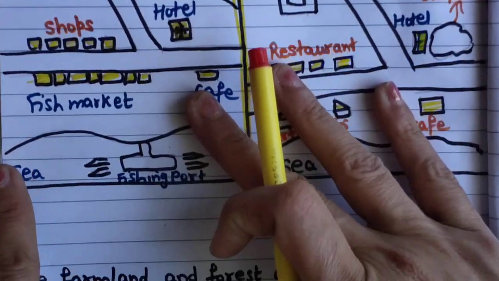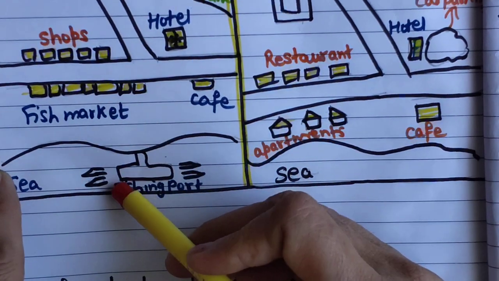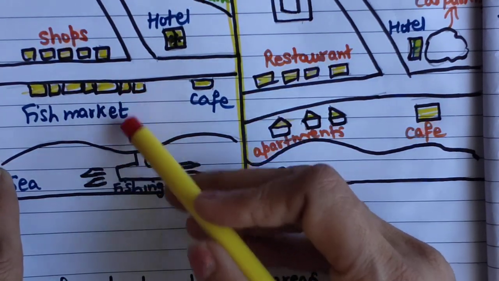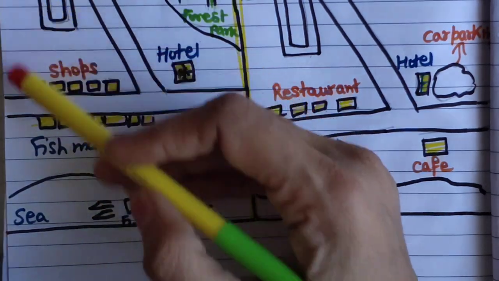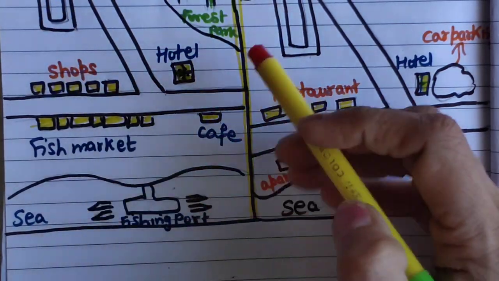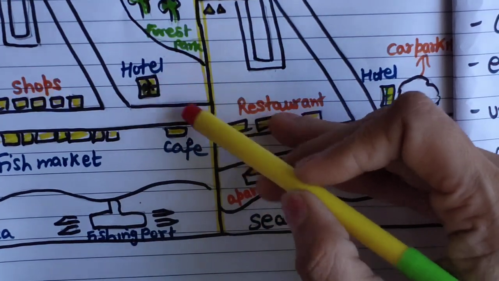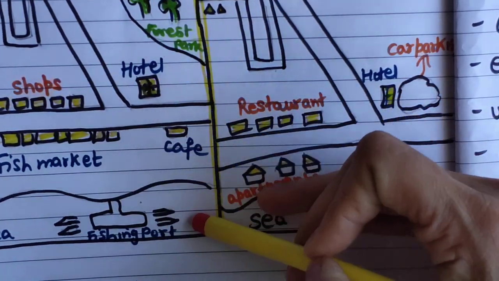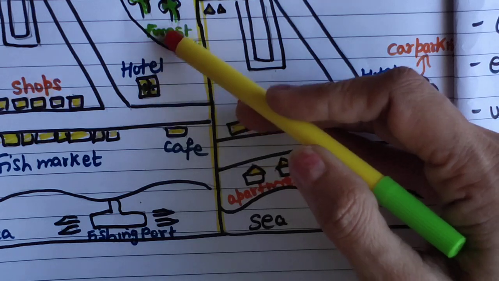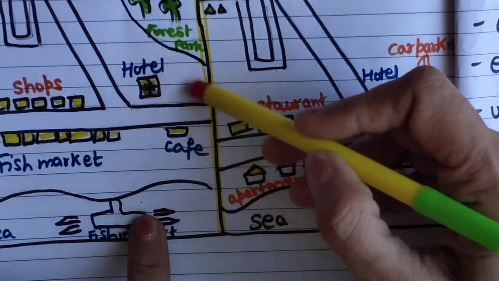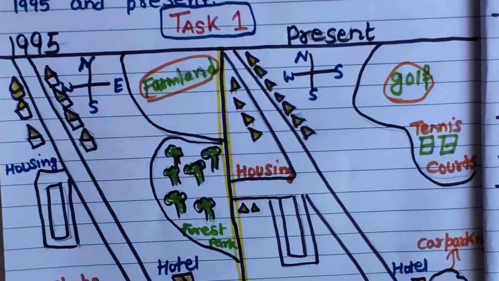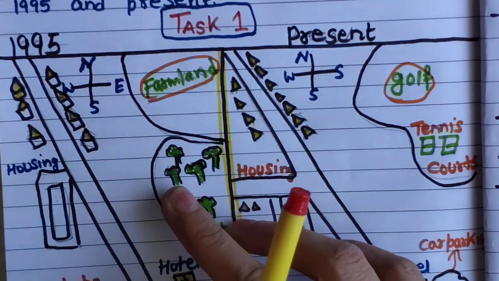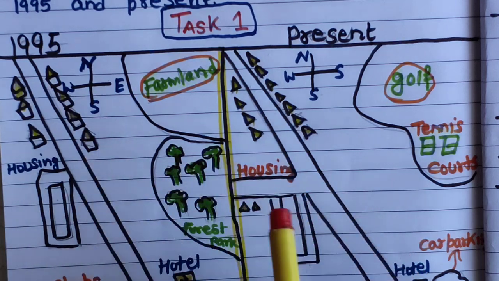The sea is in the southern part, and the shops are in the southwestern part of this map. The hotel and cafe are towards the south and not exactly in the east, so on the southeast side you will say the hotel and cafe are there. These were the directional words.